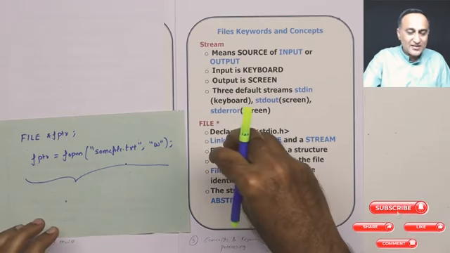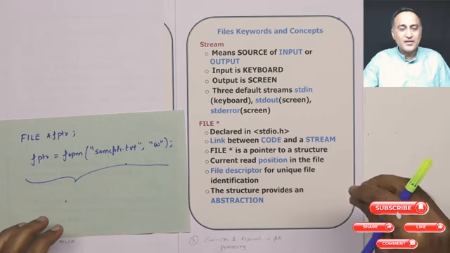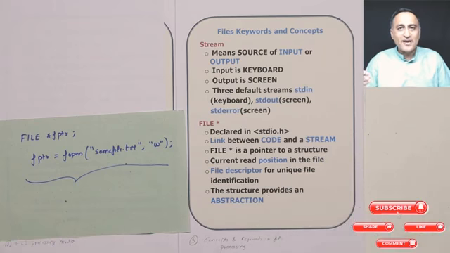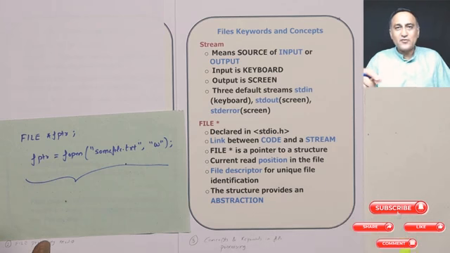Because of this FILE star FPTR, or file type of pointer, you are just talking to a file as though you are working with a normal program. So this file pointer makes our life very easy. It hides all the complications associated with the file. For you, a file is simply a series of data, or a series of bytes coming from somewhere.